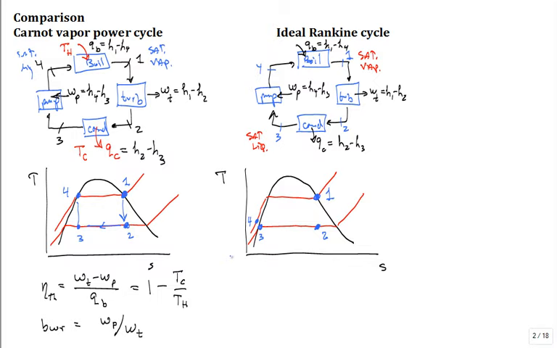What's the quality at state 3? 0. And last time in the lecture I made a mistake. Running very fast at the end, I said the temperature at 4 is the saturation temperature at the high pressure for the ideal Rankine cycle. Is that true? It's not.